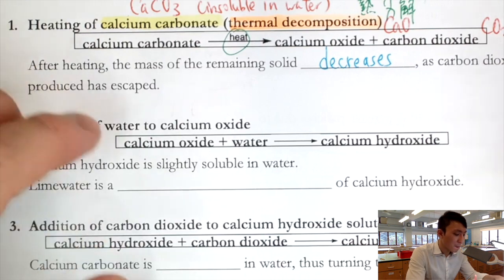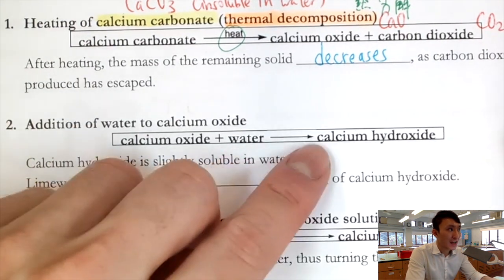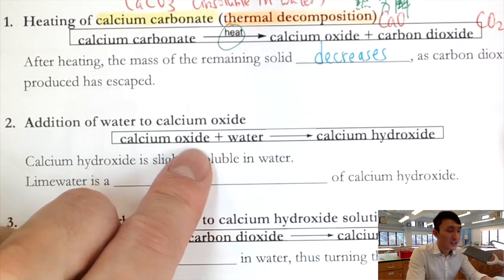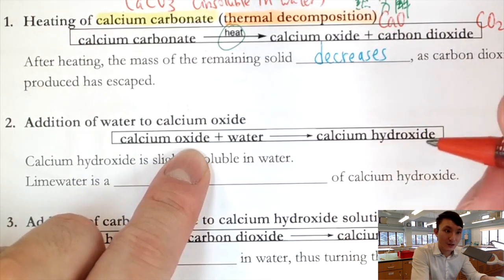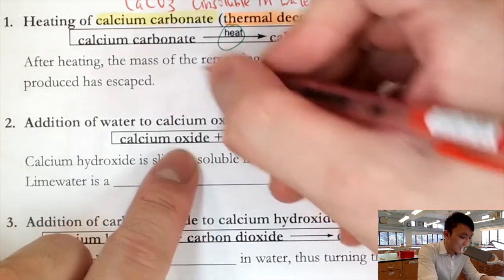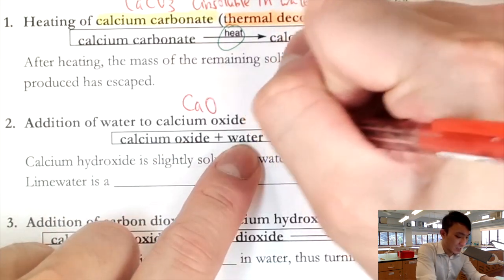Now, addition of water to calcium oxide. This is the reaction. Not very difficult. Again, I give you the chemical formula so that you get a better understanding. Calcium oxide, like I said, is CaO. Water is H2O.